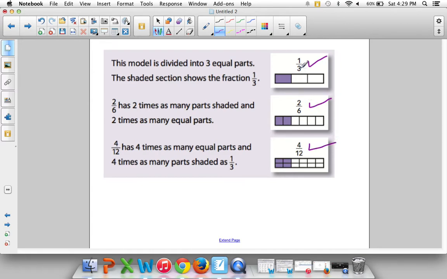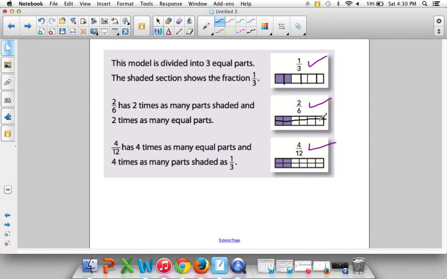You see, for 1/3, all they did to get 2/6 is draw a line, draw a line, draw a line. And then you have 6 pieces, and 2 of them are shaded in. And then from 2/6 to 4/12, all they did was draw a line right through the middle. It's not very straight, sorry, I did my best.